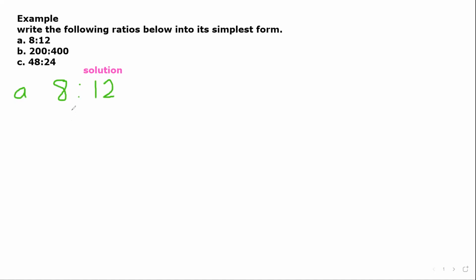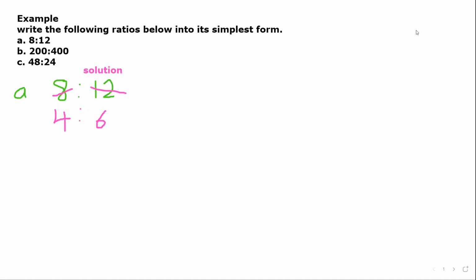So the only thing you have to do is find a common factor that can cancel the 8 and at the same time can also cancel the 12. Because they are all even numbers, 8 is an even number, 12 is an even number, I suggest we should start with what? The 2. 2 can cancel all even numbers. So 2 goes here, 4, and then 2 goes here, 6.